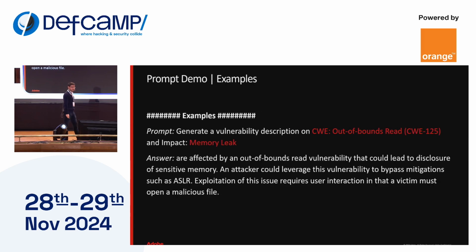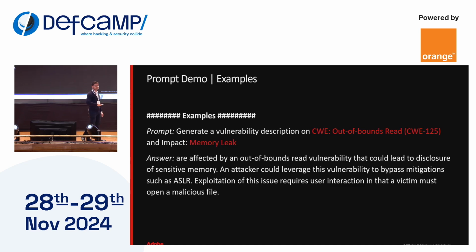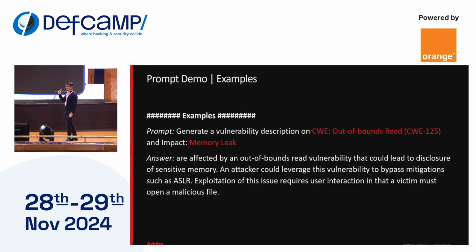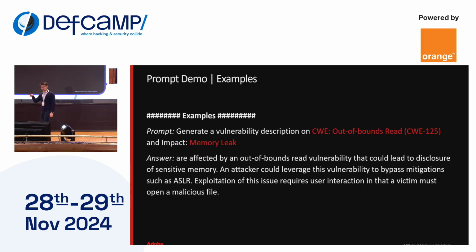OK, cool. Regarding the examples, I just gave one. For example, for CWE out-of-bounds read and impact memory leak, this is the answer. The reason that the answer directly says "are affected by an out-of-bounds read vulnerability" is that I'm not letting the LLM generate the product information.